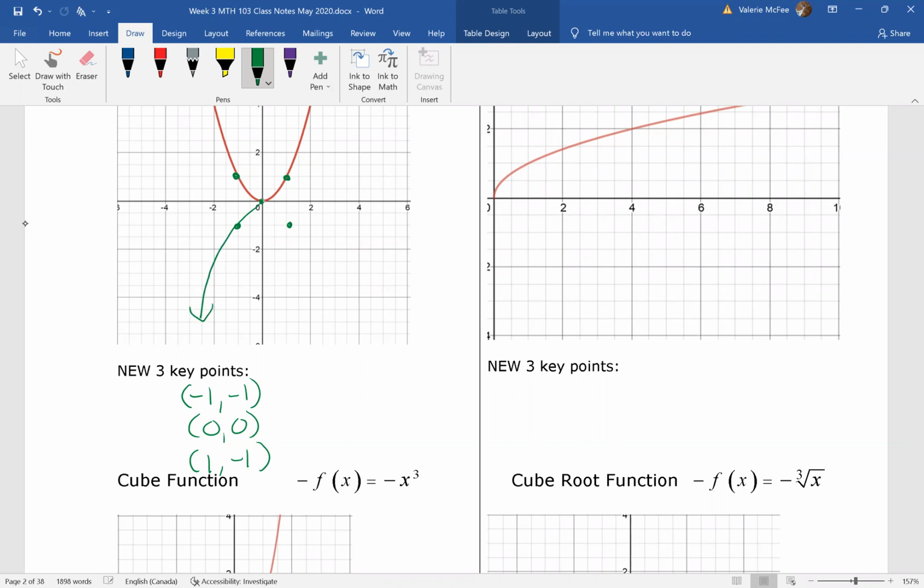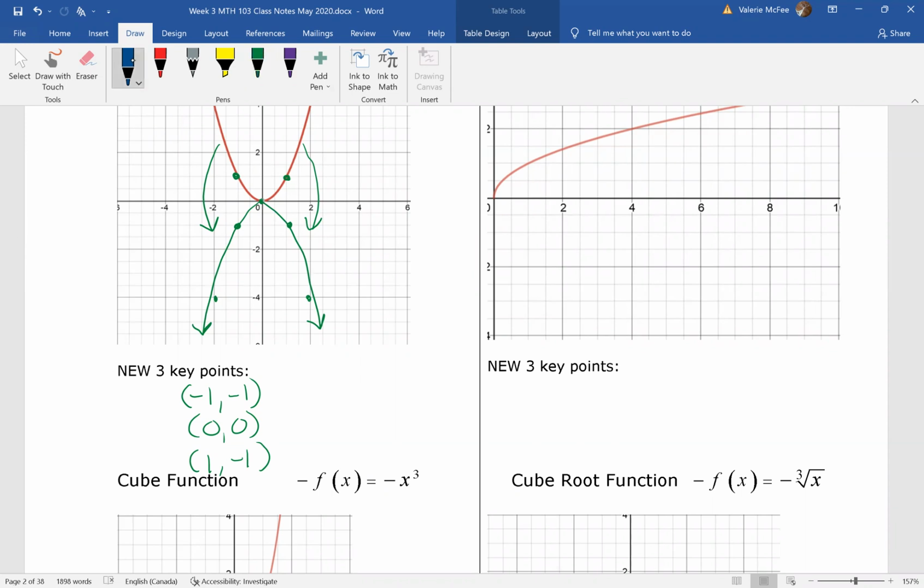Notice that again, we have a reflection across the x-axis. This was above, now it's below. This was above, and now it's below. I guess I could have drawn that a bit better because I know at negative 2, it's going to be at negative 4. There we go. That looks better. Don't worry about your graphs being exact. Mostly I'm looking for close enough when I ask you to draw it for me.